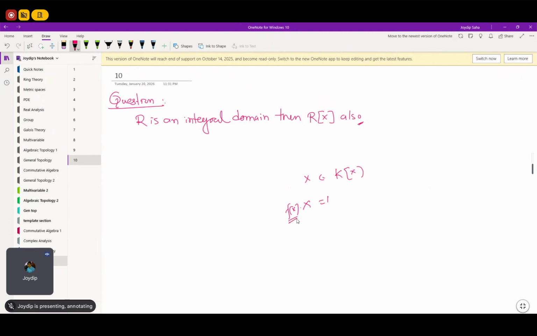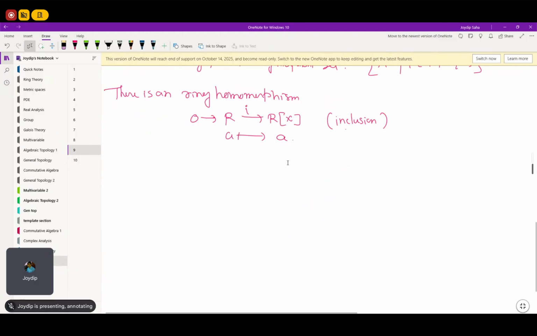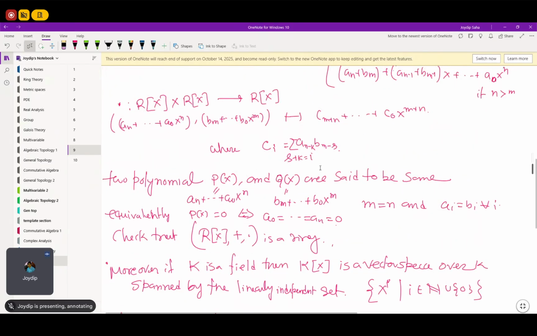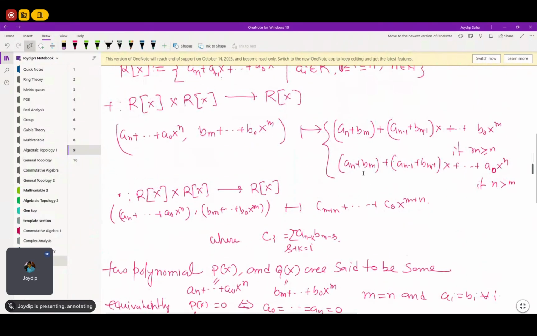Now, degree of f and degree of x will add, because Rx is an integral domain, and this is your multiplication rule. So what is c_0? c_0 is a_0 b_0. a_0 non-zero, b_0 non-zero, so a_0 b_0 is non-zero.